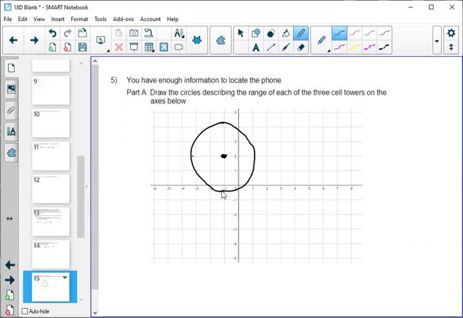How about (3, 0), and (-2, -1). There's the center, and we're going to go up 2.